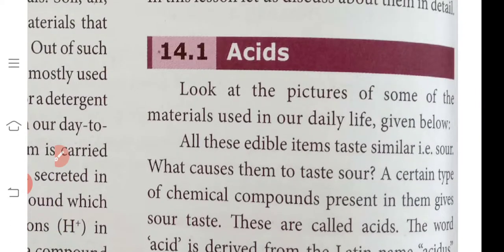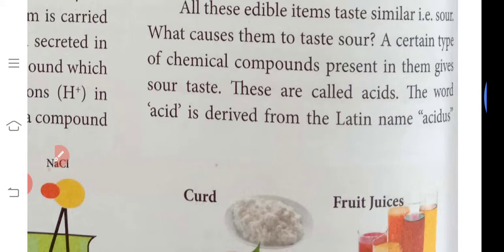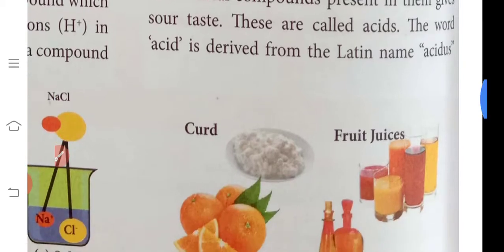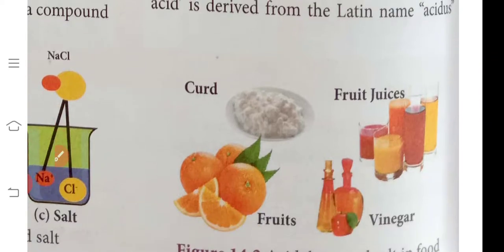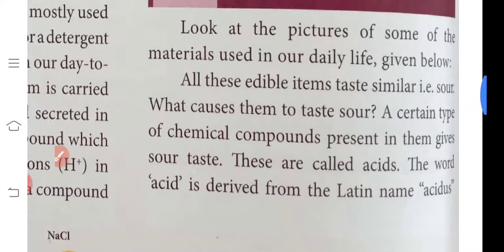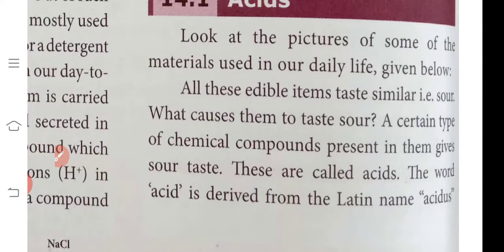Do all these edible items taste similar, yes or no? Curd tastes sour, fruit juice tastes sour, these fruits also taste sour, and vinegar is also sour. So what causes them to taste sour?